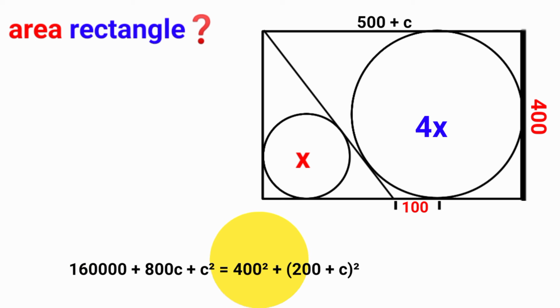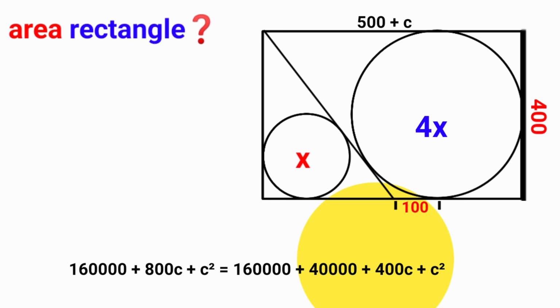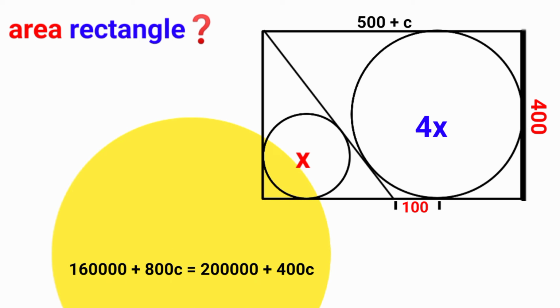This 400 squared is 400 times 400, which is 160,000. (200 plus c) all squared, if you expand, is 40,000 plus 400c plus c squared. 160,000 plus 40,000 is 200,000. This plus c squared will cancel this plus c squared. So 160,000 plus 800c equals 200,000 plus 400c.